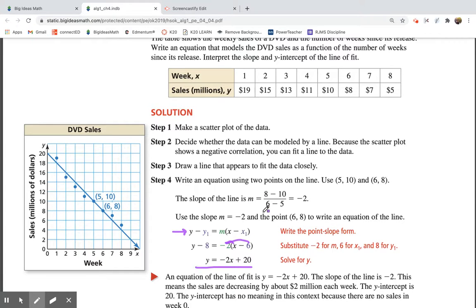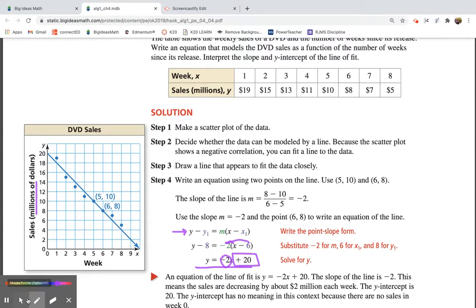So they asked us to draw a model and then a line of fit and interpret the slope and y-intercept of the line of fit. So now that's easy. Our slope is negative 2. Our y-intercept is 20. The slope is negative 2. That means the sales are decreasing by $2 million each week because they're in millions.